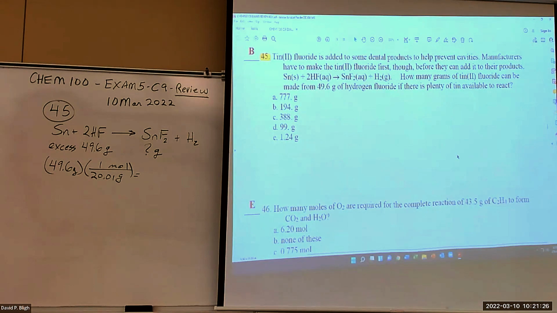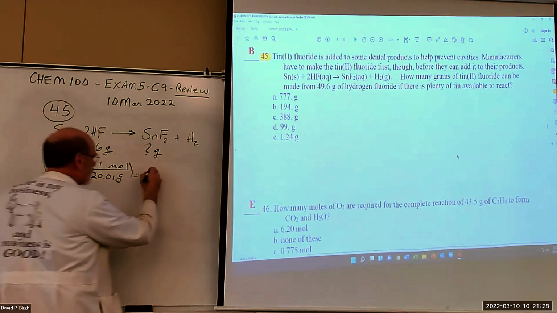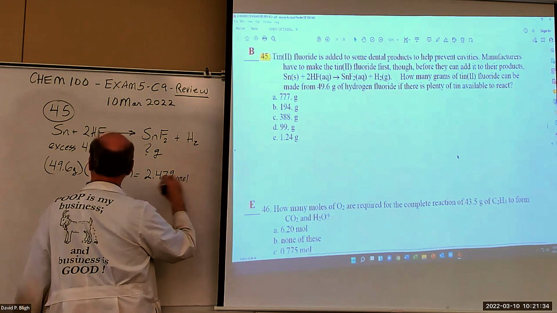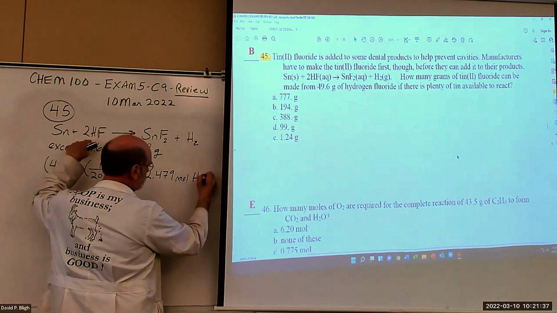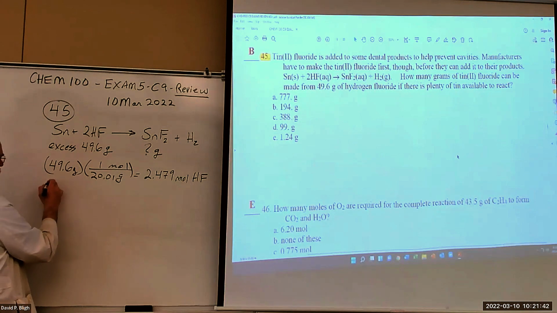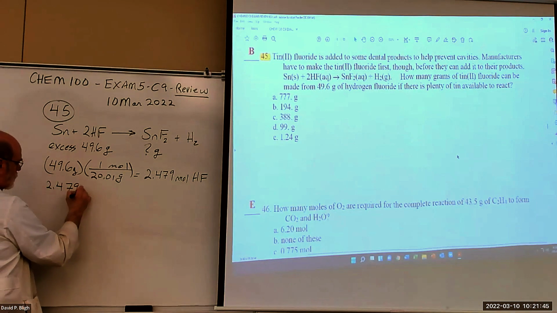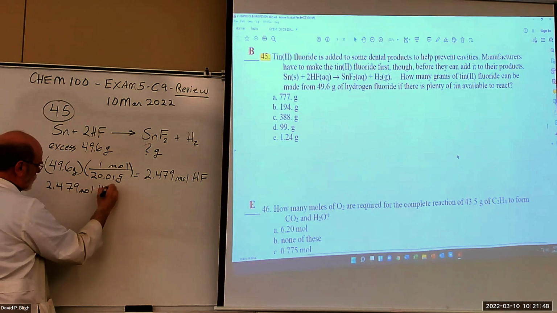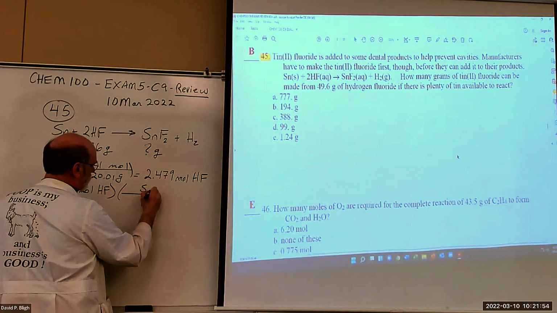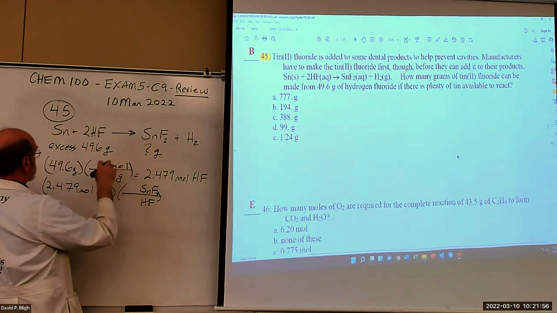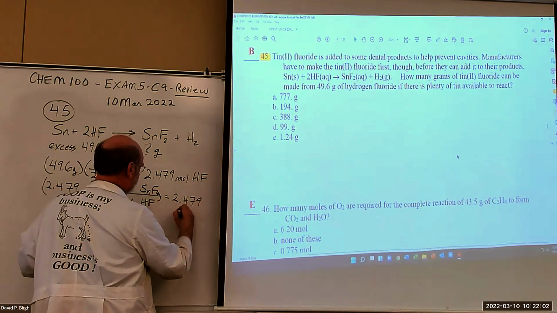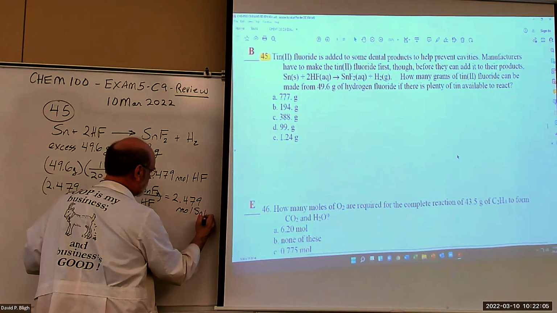And I get 2.479 moles of HF. Okay. Now we got to convert it to tin(II) fluoride. Okay, ratio is 1 to 1. 2.479 moles of tin(II) fluoride.